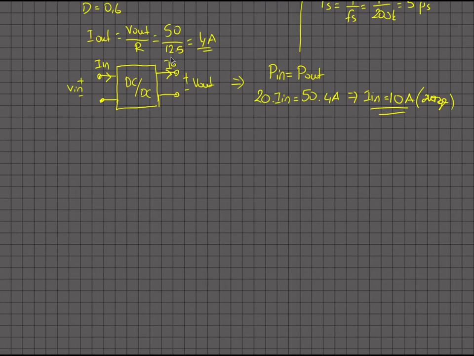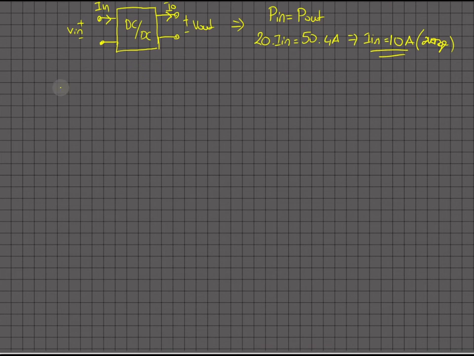Okay, so let's try to plot the voltage characteristics. Let me draw a couple of coordinate systems here. Let's say the first one is VL and the second one is IL, right?